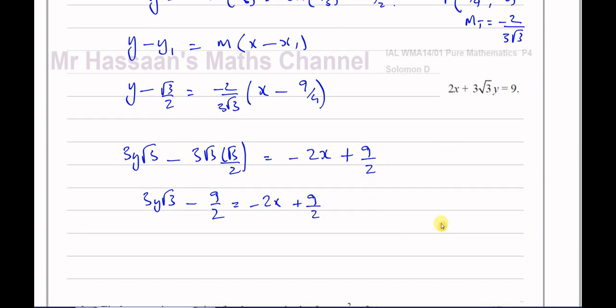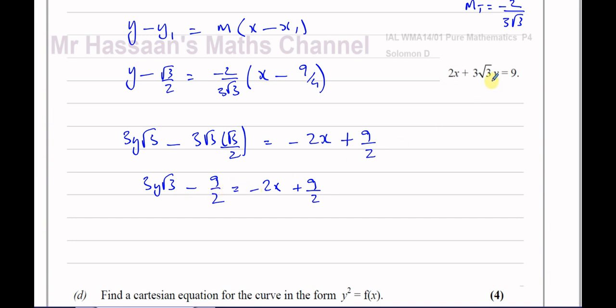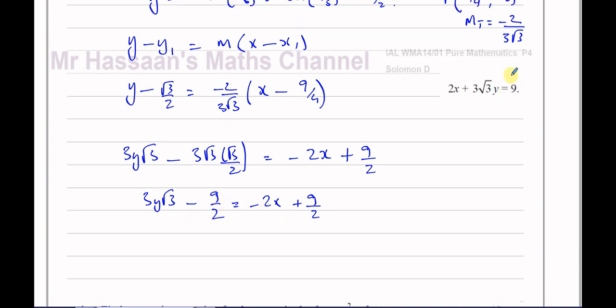And now what we can do is make it look like this. So we could add 2x to both sides because the 2x has to be positive. And we already have here this is 3 root 3 y. Then you have minus 9 over 2.